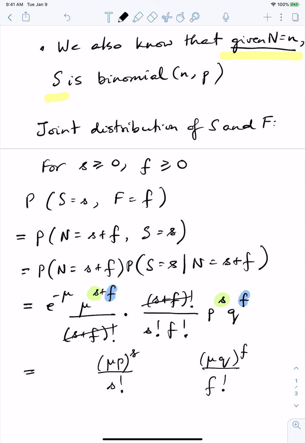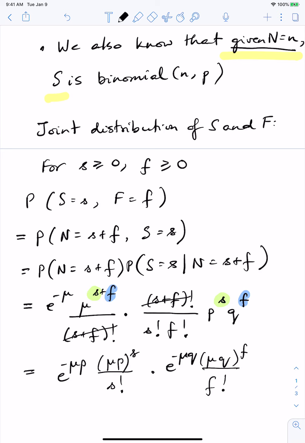And what do you want to do with that? Well, look, you've got mu p to the power S over S factorial. You're seeing the Poisson distribution of S there, apart from the constant. Here you have mu q to the power F over F factorial. You're seeing the Poisson distribution of capital F, apart from the constant. Well, let's just put in the constants and see if we get into trouble. So this constant ought to be e to the minus mu q, and this constant ought to be e to the minus mu p.